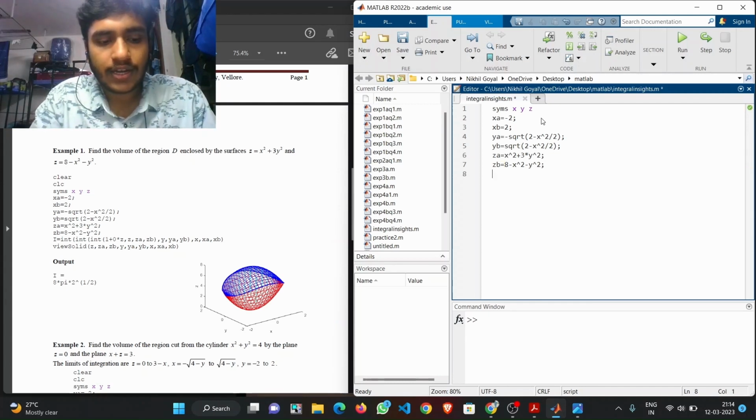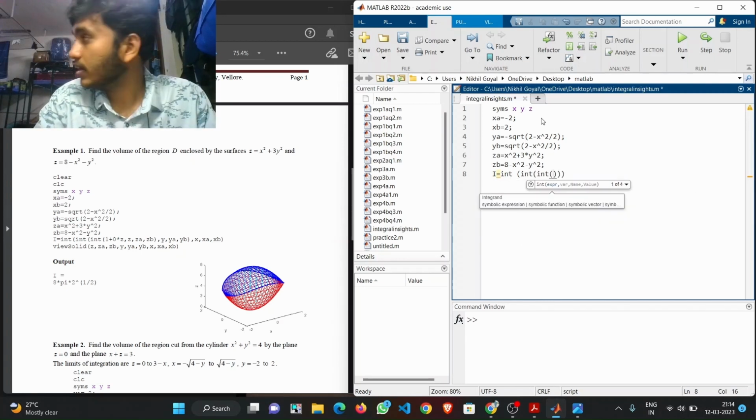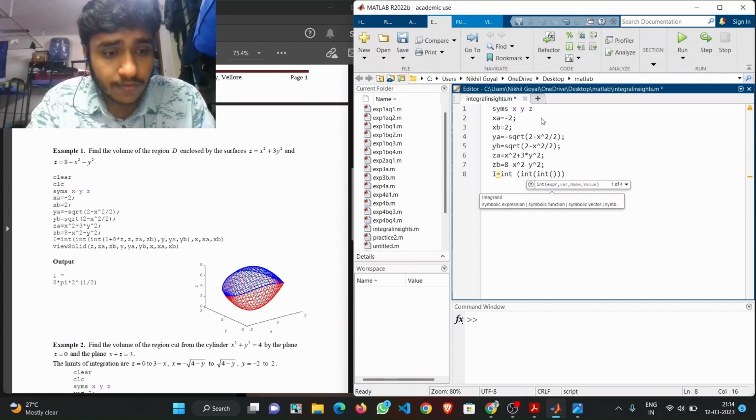Now for integrating, let us take a variable I in which we will store the integration result, and we'll write the int function three times to integrate three times. Okay, so int, then again int, and inside this int function we'll write 1 plus 0 into z.